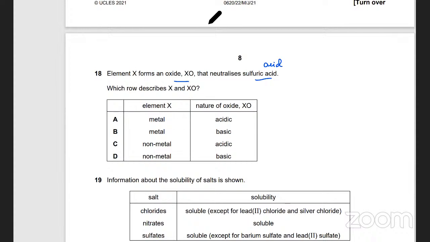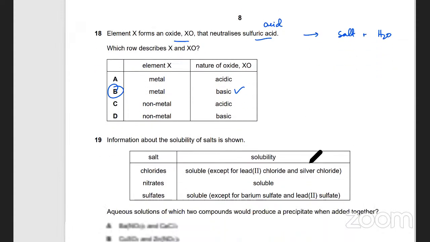Wait, this is going to be a metal oxide. ठीक है, बेस होता है मेटल ऑक्साइड एंड मेटल हाइड्रोक्साइड, they react with acids and they produce what? Salt and water, right? तो और the basic oxides, right? So it's going to be metal oxides; non-metal oxides are acidic, ठीक है?